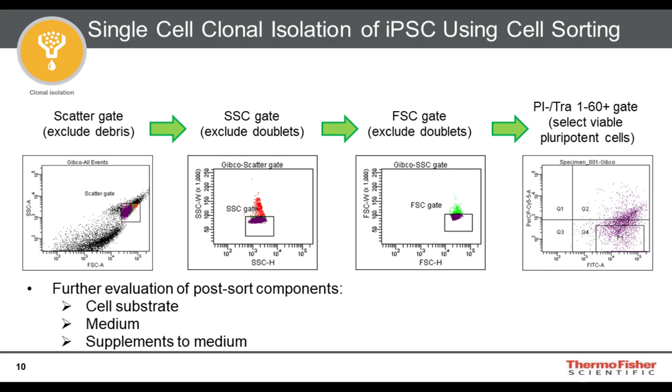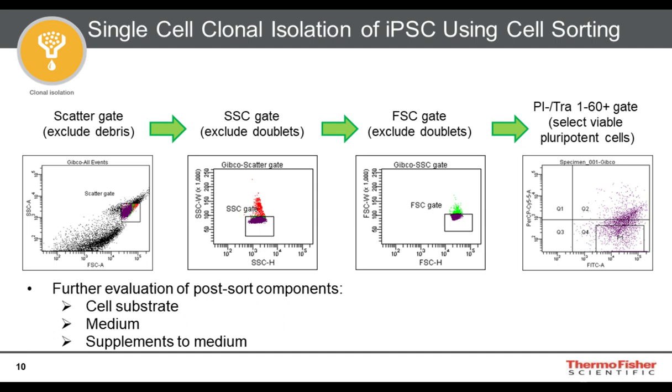Which then brings me to the innovations that we've done around the single-cell clonal isolation of pluripotent stem cells after doing the genome editing. So you always want to isolate a single-cell clone after the genome editing, just so that you can have homogeneous cell lines, either being a homozygous edit or a heterozygous edit.